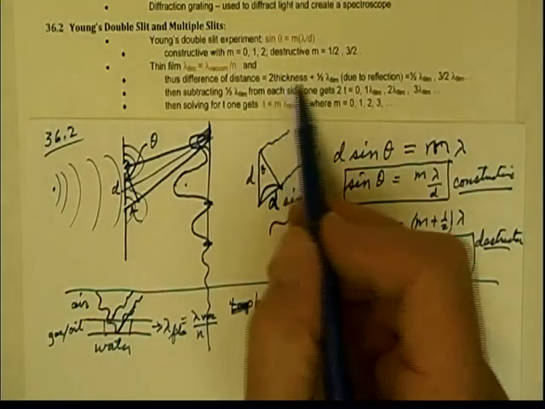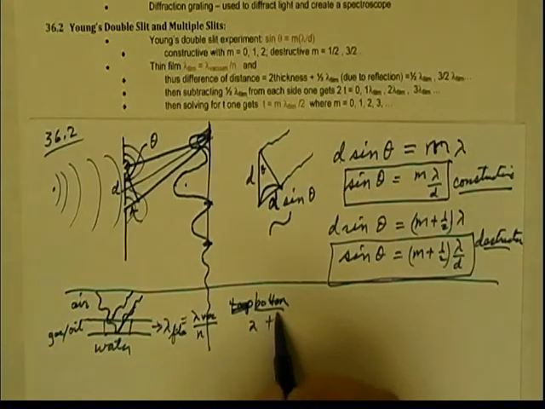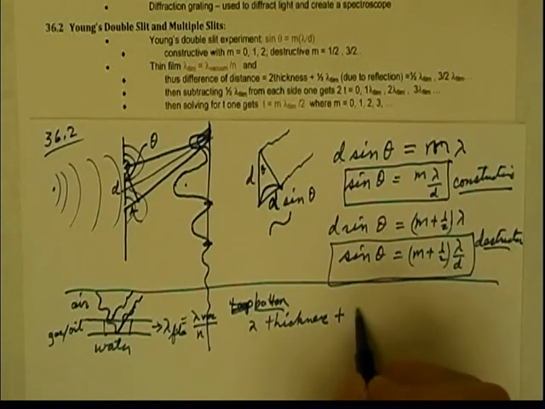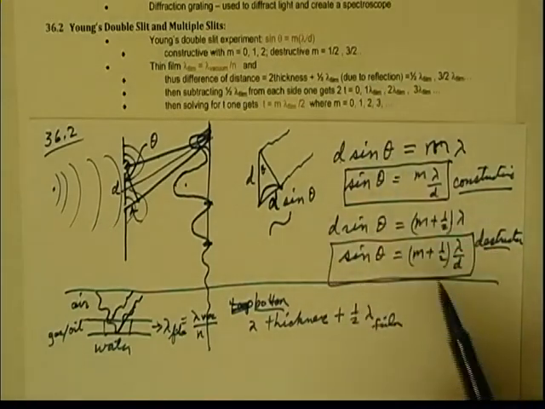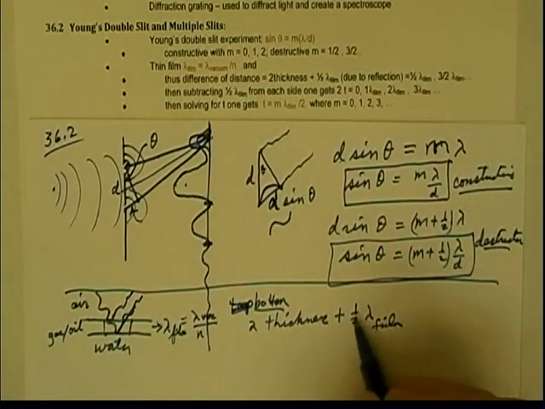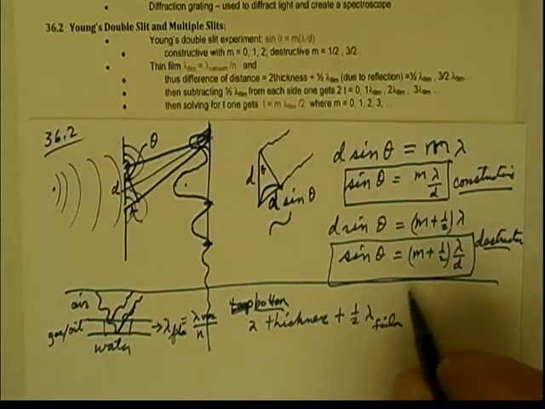So we have twice the thickness as a difference in distances, plus 1/2 of lambda in the film due to reflection. Now this is an unusual effect, but when the wave reflects in the film off of the water, then you get a 1/2 of a lambda shift in the wave.